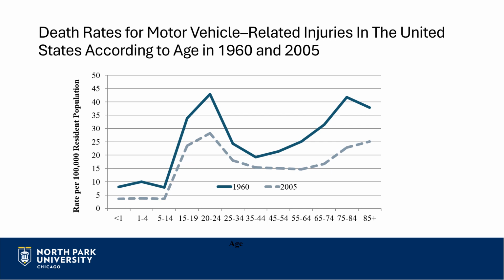It peaks at rates per 100,000. Oh no, here I go. I was looking at it wrong. Age 20 to 24, highest, right? And then when you get over here, the aged population, 75 to 85, it spikes up there again. Interesting.